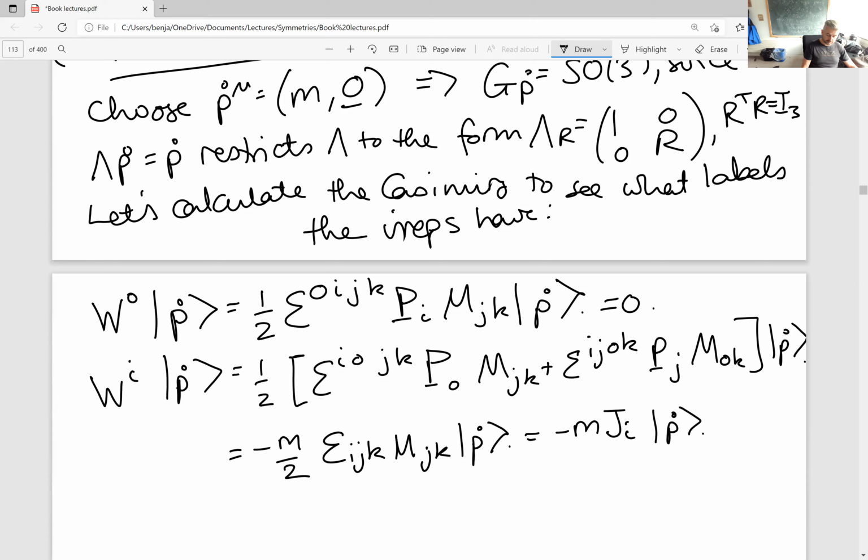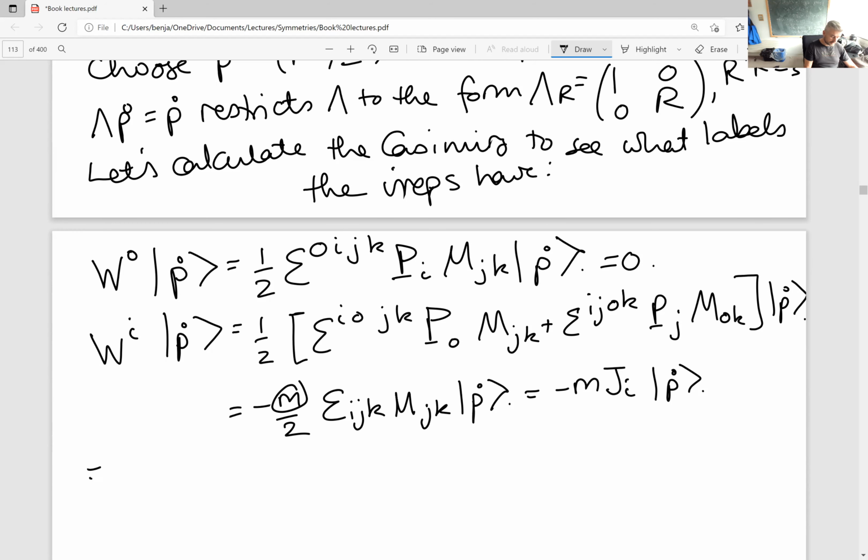Strictly speaking, you should use commutators to get this P0 operator on the other side of the M jk's in order to bring back this eigenvalue here. But you'll see that the commutator is 0, so we can do that, if you look at the algebra of the Poincare group back in section 5.